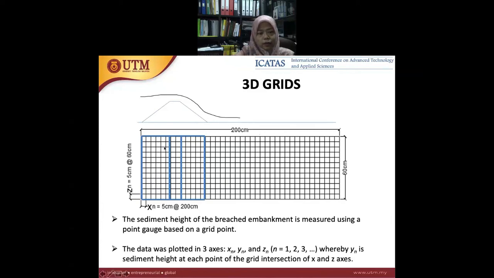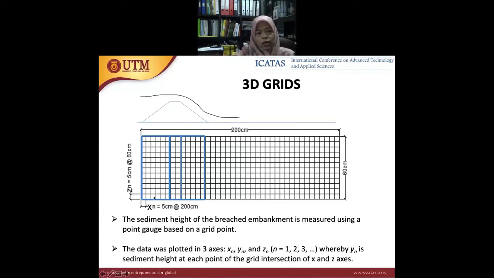The grid length is 200 centimeters, equivalent to 2 meters, and the width is 0.6 meter. This is the crest, this is the upstream slope, and this is the downstream slope.